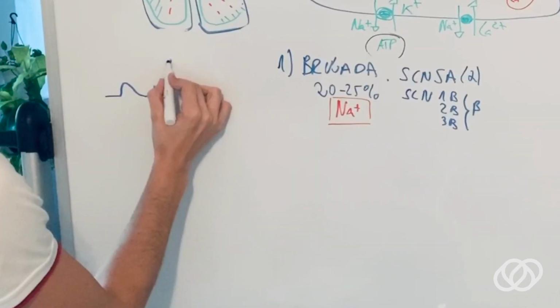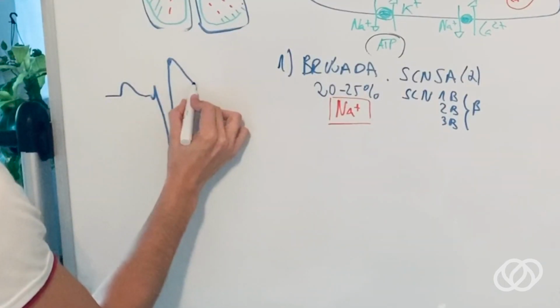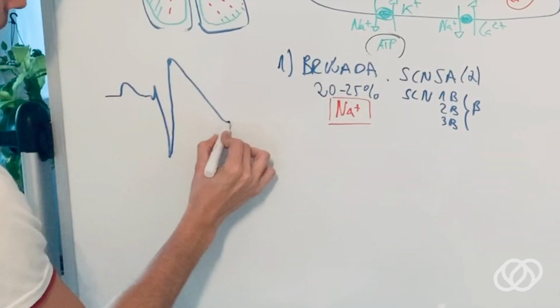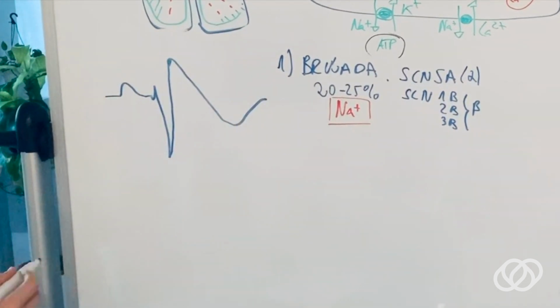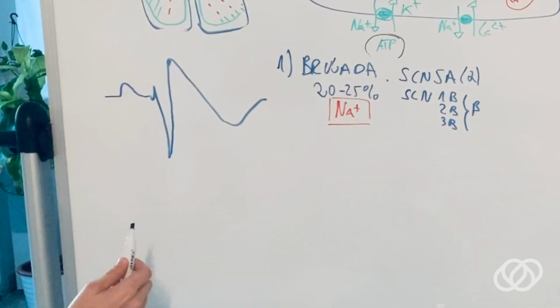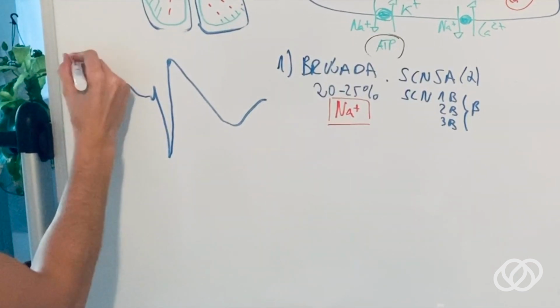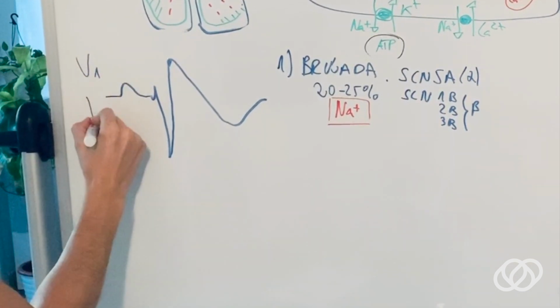Always be elevated when we have this shape. It will go down, and then we'll have the T wave. So this is the usual shape of the QRS in the Brugada syndrome, usually assessed in V1 or V2.